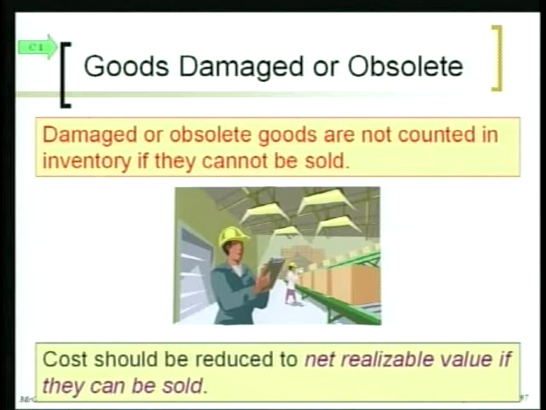Now, if they are maybe just scratched up or a little beat up, but they still have some value, you might not write them completely off your books, but you might just write them down to what we call the net realizable value. Okay, just decrease them a little bit if you still think you can sell them for something. Does that make sense?